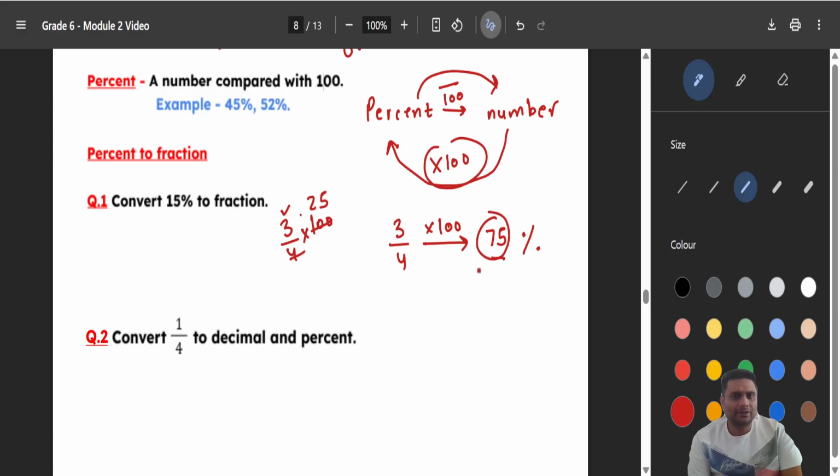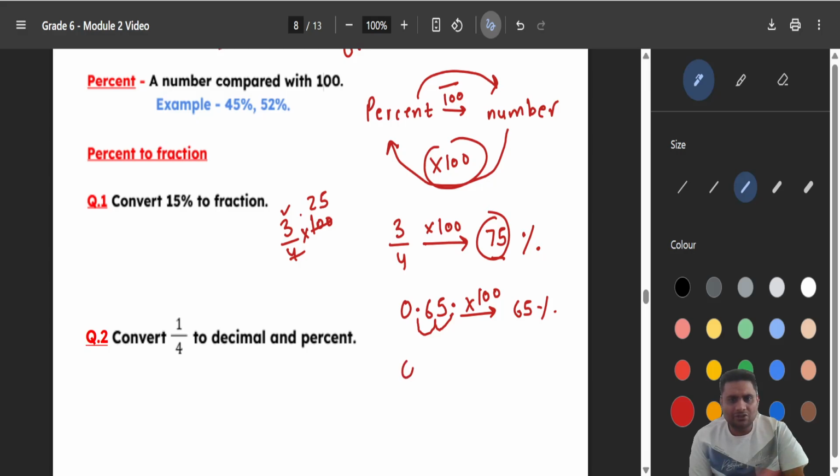Now if I have 0.65 and I want to convert it into percentage, again the same thing, multiply by 100. Whenever you see a decimal number and you want to change it into percentage, just shift the decimal 2 places to the right side. There is no number after the decimal, so you can remove it and simply write 65%.